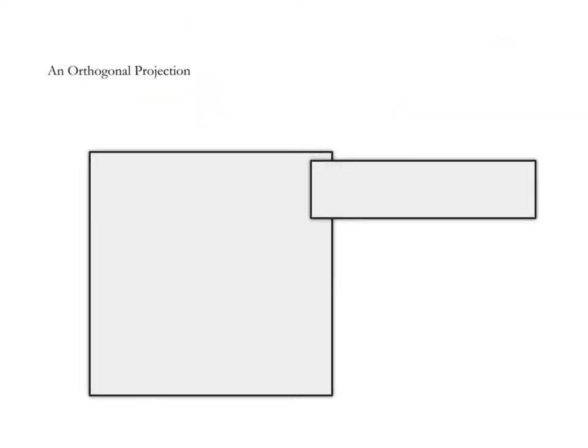The next topic in this section is something called an orthogonal projection. What an orthogonal projection is, our goal is to take a vector y and decompose it, break it apart into two different vectors, but two really specific vectors. And we're going to name them y hat and z.